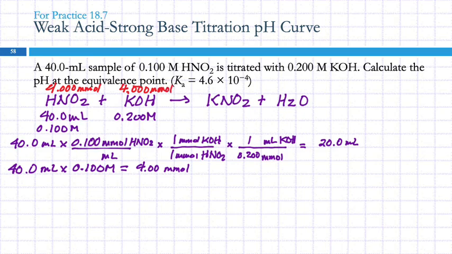And after that reaction occurs, what do we have left? 4 millimoles of each product, right? Because these are at the equivalence point. So we're going to end up with 4 millimoles of KNO2.